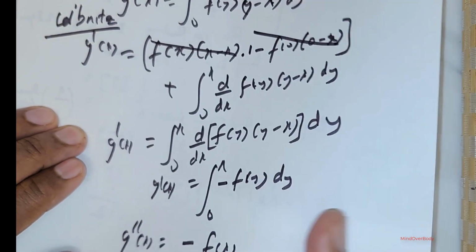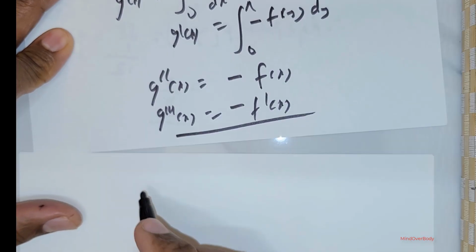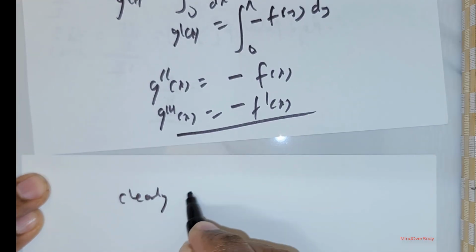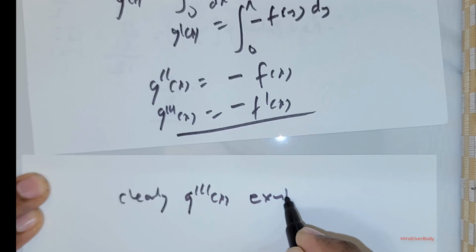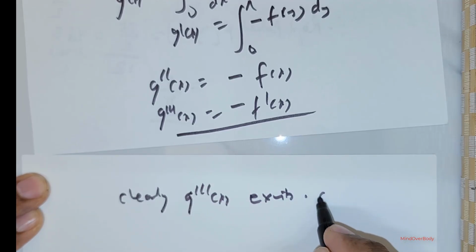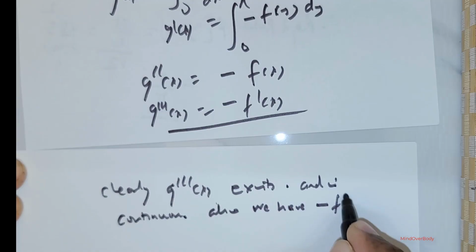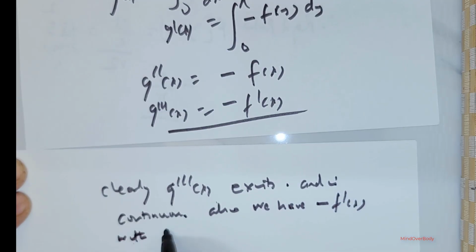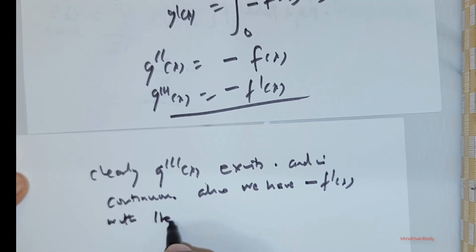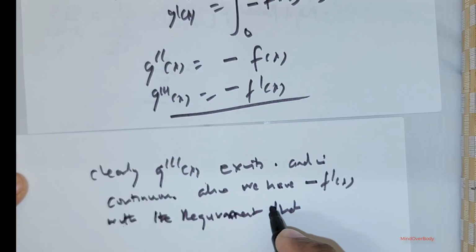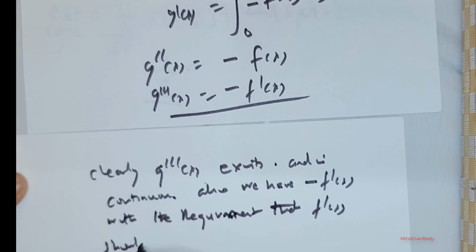But we have to conclude here. So how do we conclude? So clearly g triple dash of x exists and is continuous. Also we have negative f dash of x, with the requirement that f dash of x should exist.